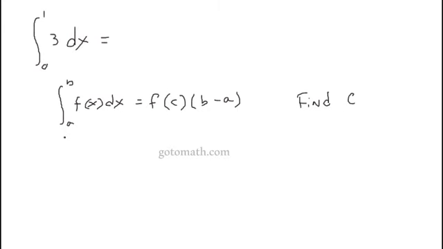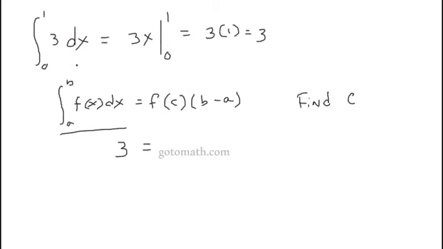And so the first thing I'm going to do is evaluate this, and this becomes 3x, and we're going from 0 to 1, and of course this just becomes 3 times 1, which is 3. So now that we have found this, we're going to put 3 here.